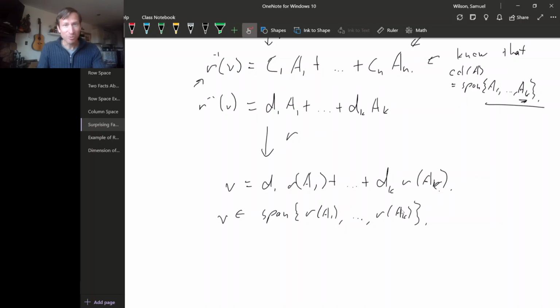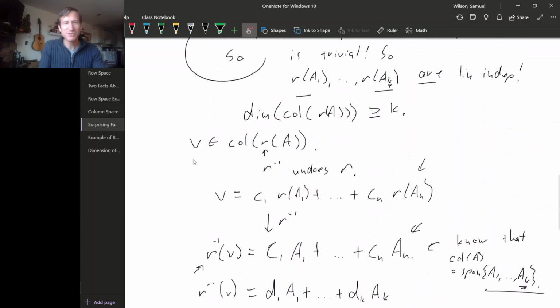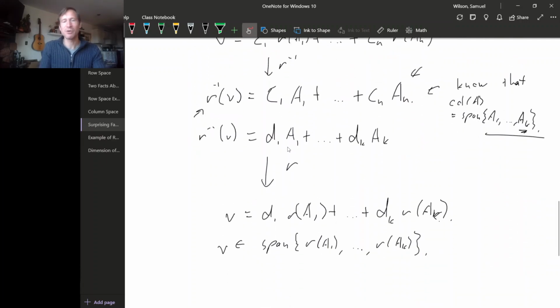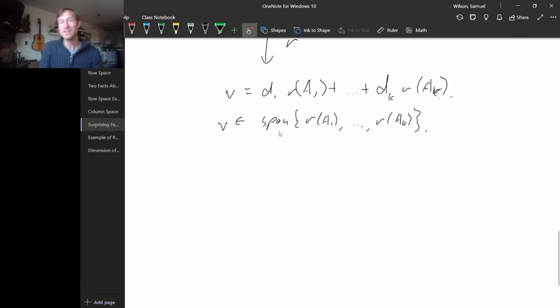Okay, so what does this show us? Well, remember, V was anything in the column space after the row operation, and now we've shown that V is in the span of these vectors. Well, this span is clearly in the column space after the row operation, just because these are all columns after the row operation. So what we've just done is we've actually shown the inclusion the other way as well, right?